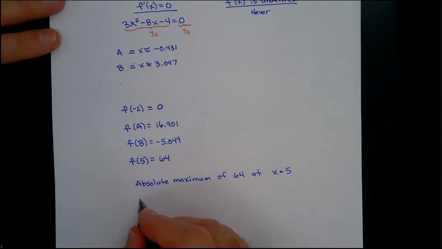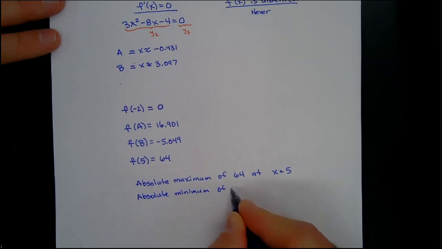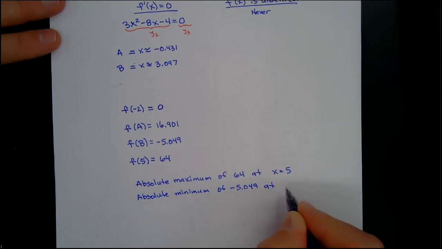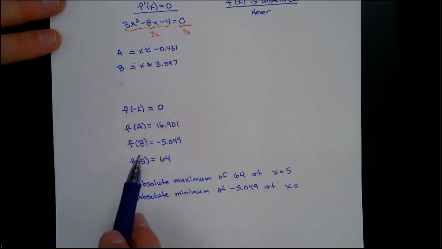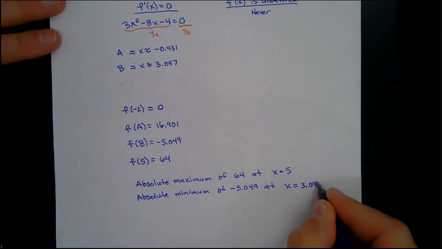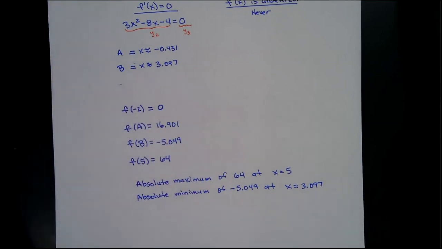So we have an absolute minimum of -5.049 at x equals, and that would be at b, which is 3.097. Or you could put at x equals b if you wanted to, because you told somebody else what b was, okay?